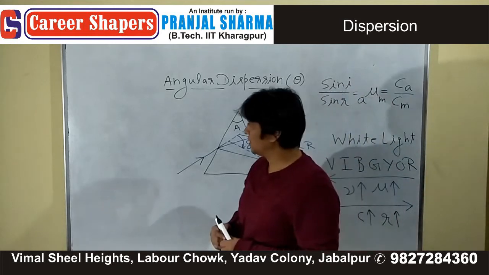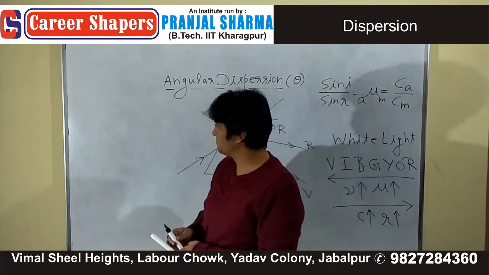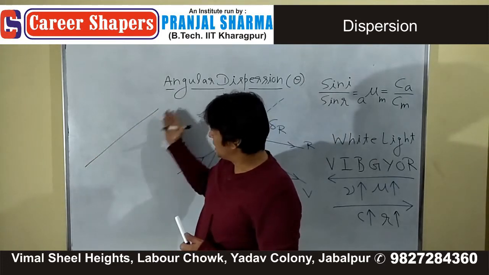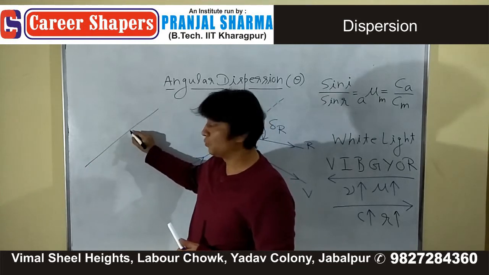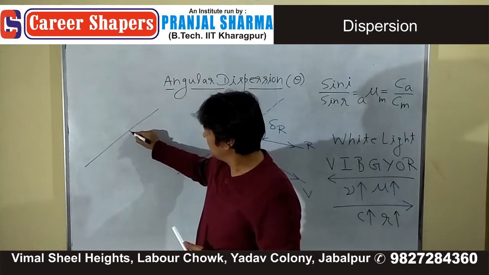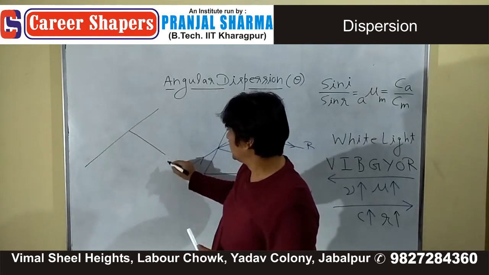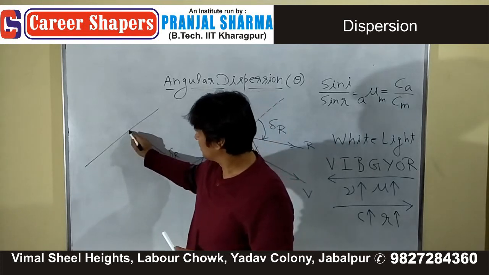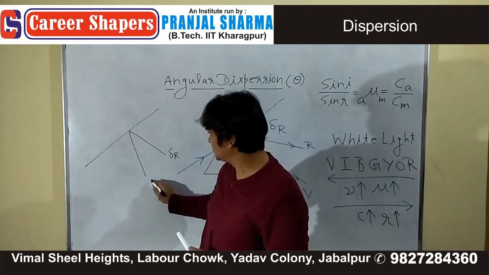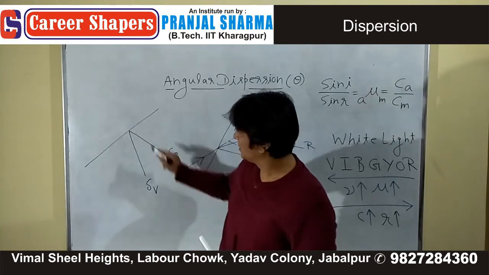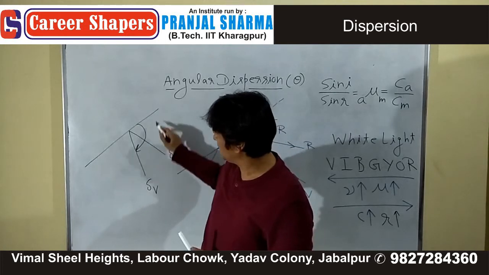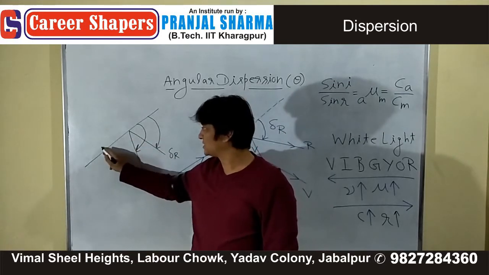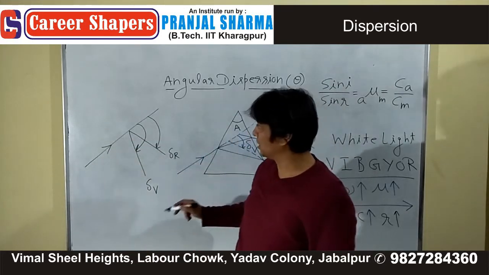Delta V and delta R, look here. This is the original path, and if this is the original path, let's say this is delta R. This is delta V. Let's say they are starting from the same point because we are interested in the angle only.